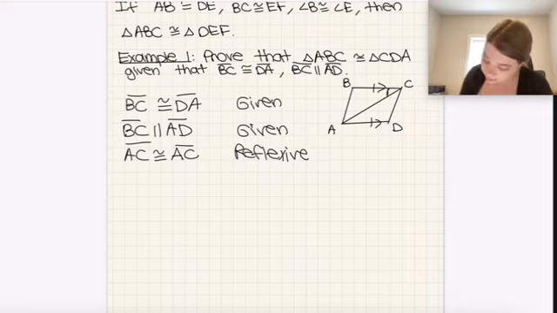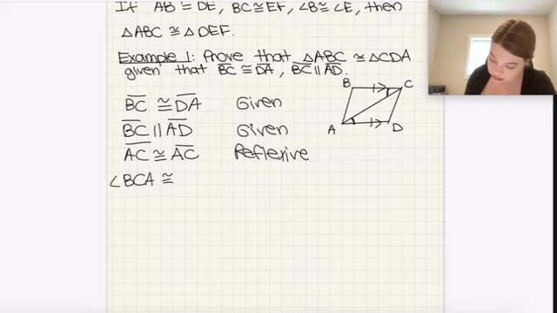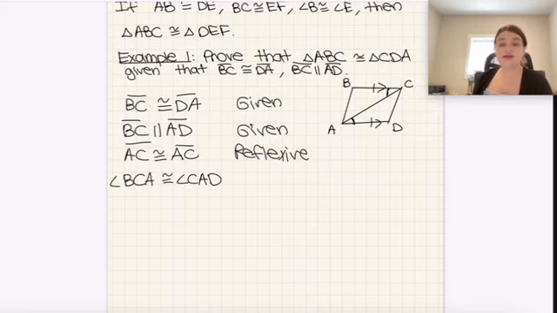So we need a way to prove that this angle, BCA, is congruent to CAD. Now, is there any theorem we know that would say these are congruent? Well, yes, there is, right? The alternate interior angles theorem states that when we have parallel lines and a transversal, then the alternate interior angles are congruent.